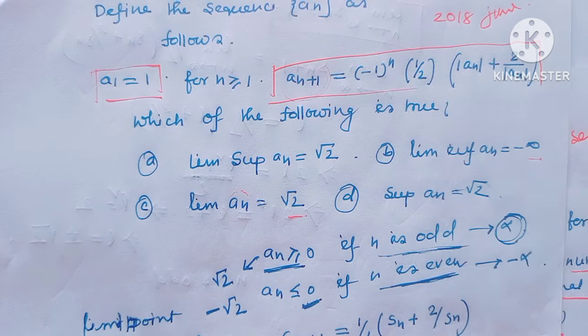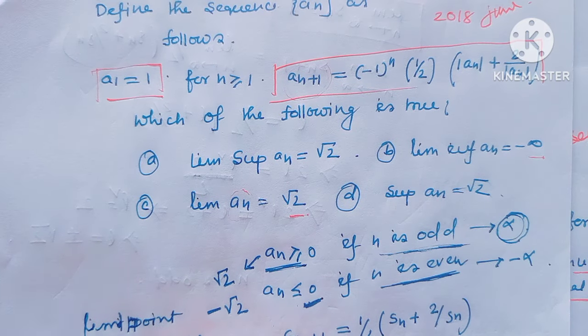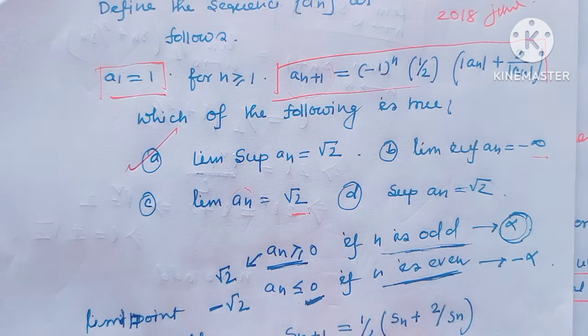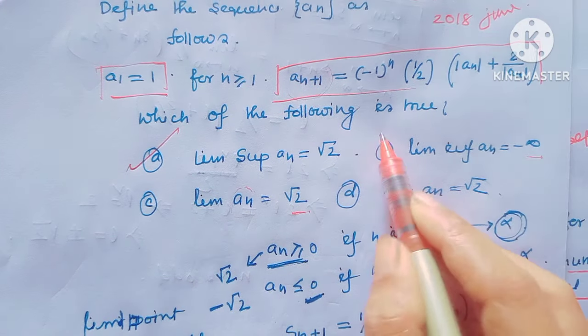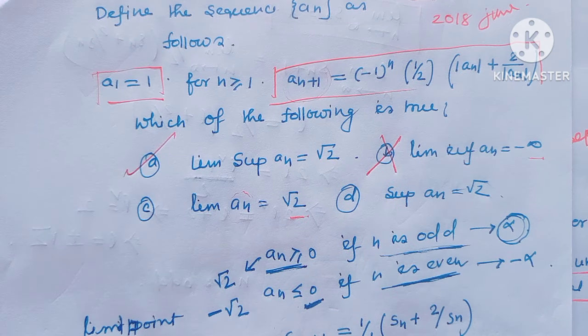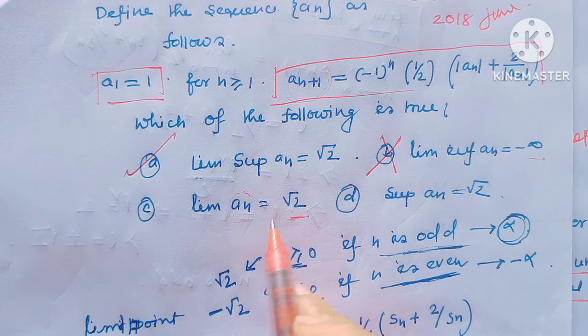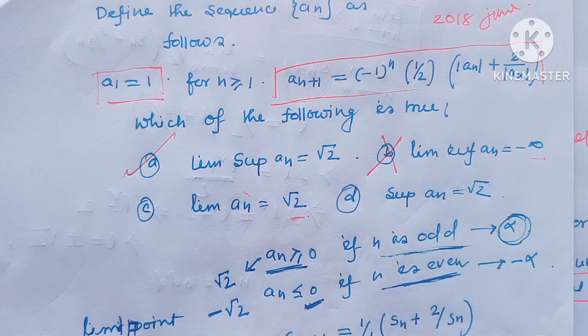So limit superior is obviously square root of 2 and limit inferior would be minus square root of 2, but here it is given minus infinity. This is the wrong option. Next, supremum of an equals square root of 2 and limit of an equals square root of 2. Is it true?